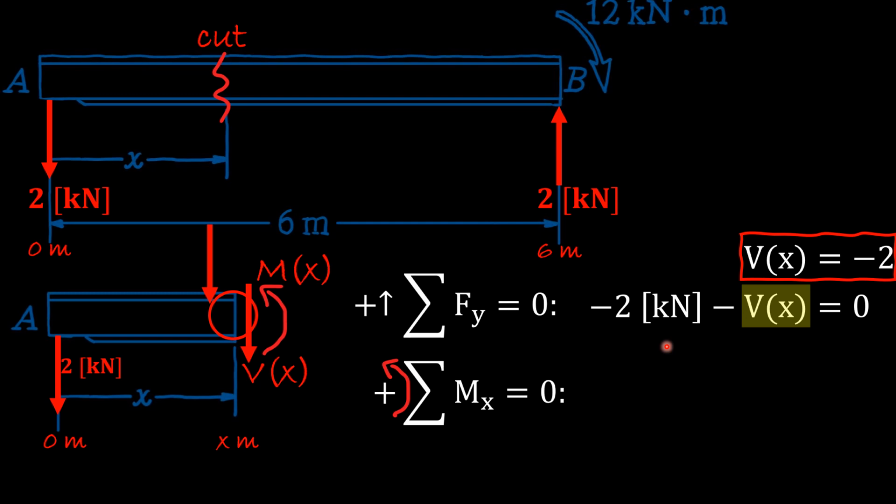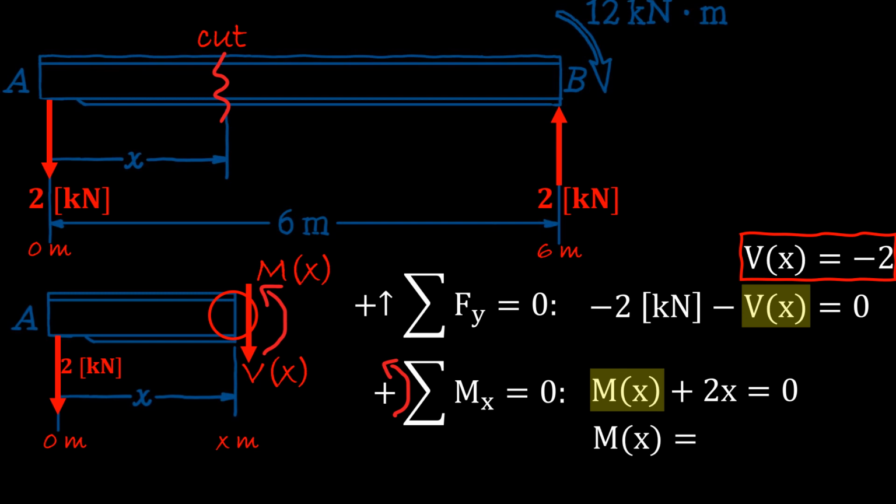And this 2 kilonewton will cause the wheel to go counterclockwise, which will be a positive moment. So it will be 2 times x plus Mx. And that's what we're going to have in here. And here we want to find the Mx. So it will be Mx equal to minus 2x.